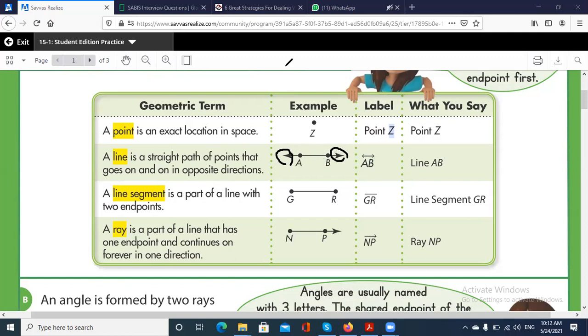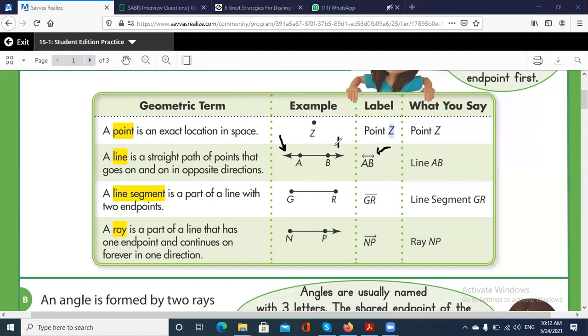This line has the 2 points A and B, so I call it AB, and above it I draw a small line to show that it's a line. Now, what's the difference between the line and the line segment? The line never ends on both sides. It goes forever on both sides, and we represent that by drawing an arrow.